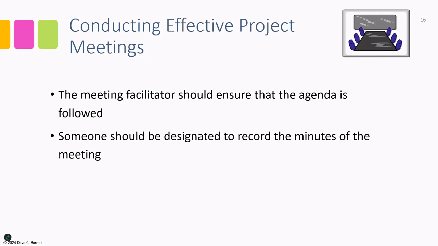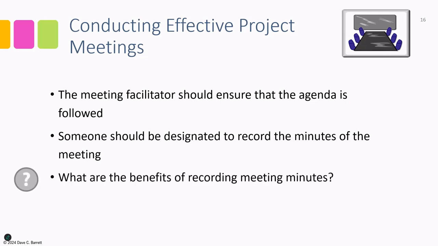And by the minutes of the meeting, we mean the summary of the meeting: what happened, what was discussed, and what were the major decisions that were made. In terms of the benefits of recording meeting minutes, well, it becomes a record of what happened. Remember, this is for formal meetings where likely decisions are going to be made and direction will be determined.